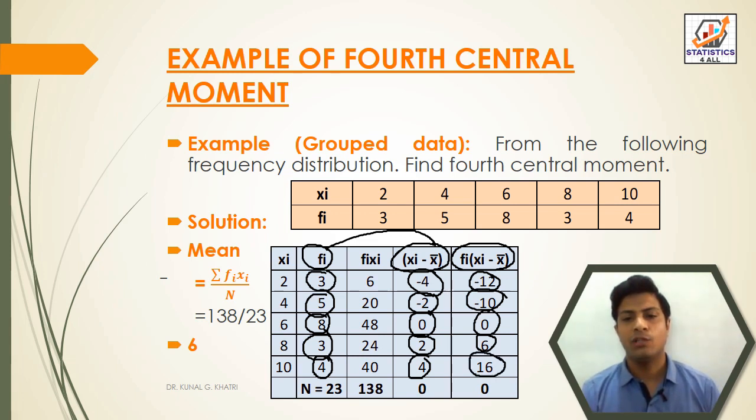After multiplying all the values, we take the sum of fi into xi minus x bar, we get the value 0.